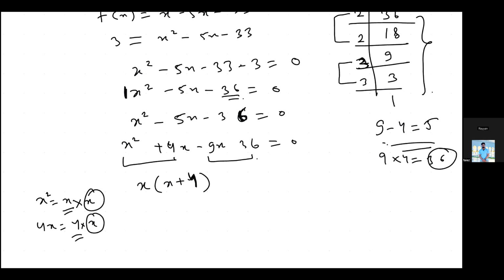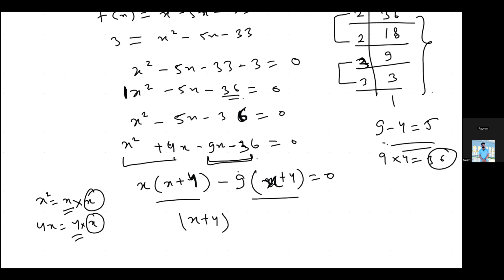So minus 9 common in here, minus sign and 9, and x plus 4 will be left over. If you multiply this 9 with these two numbers, you will get exactly this. So now x plus 4 can be taken out common and x minus 9 would be left over. So that would be your answer.